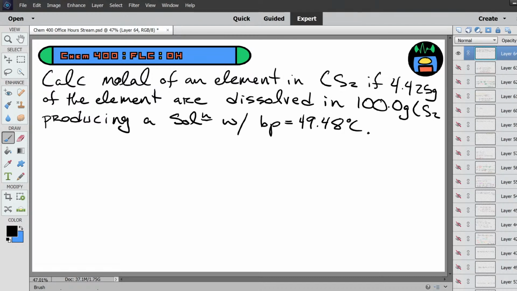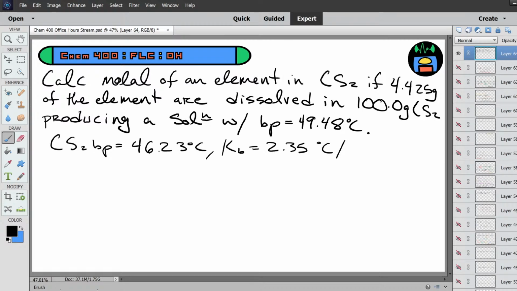We're dealing with the boiling point. Pure carbon disulfide boils at 46.23 degrees Celsius and has a boiling point constant of 2.35 degrees C per moles per kilogram.